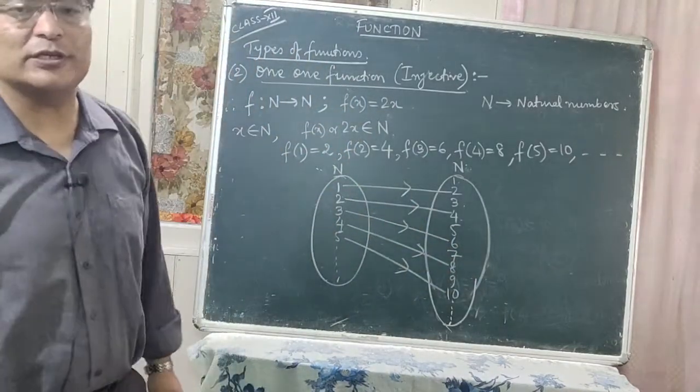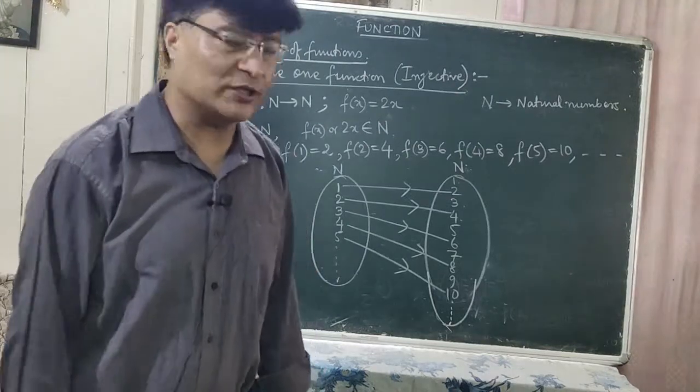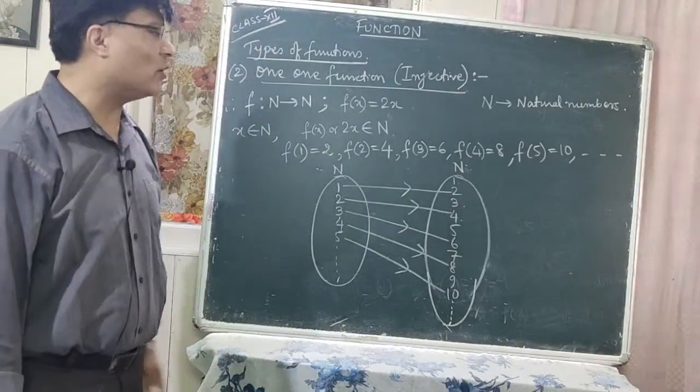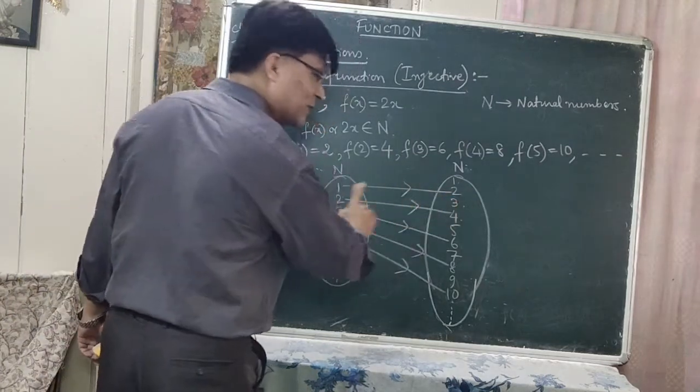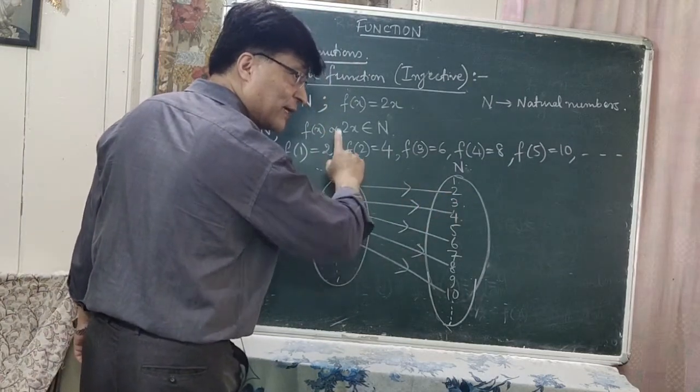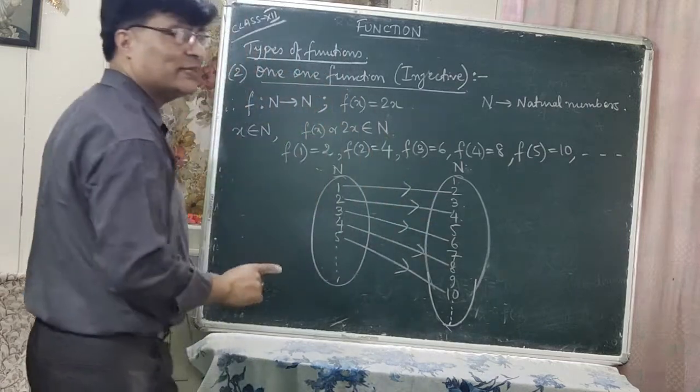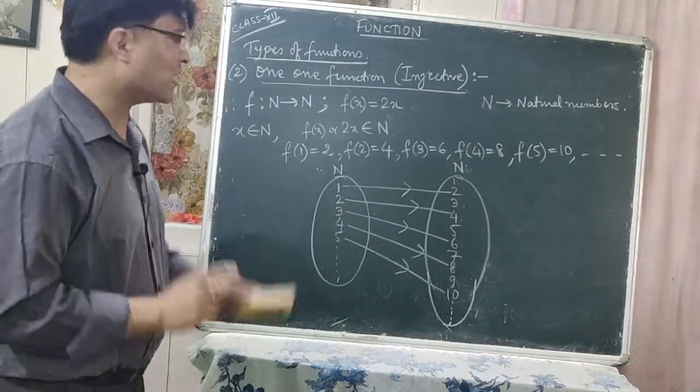So this is an example of a 1-1 function, because each term has only one image.